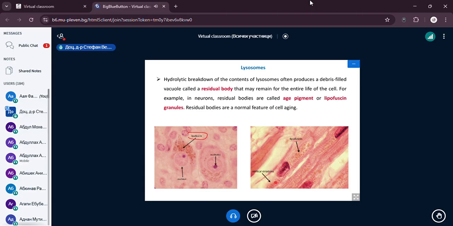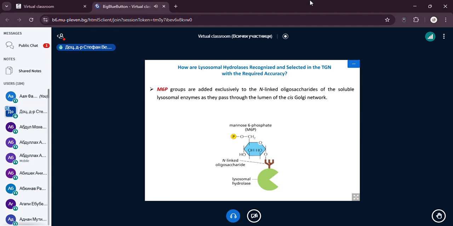This is the nucleus of this cardiac muscle cell, a nucleus of another one, and you see the brownish depositions. These are residual bodies, and because this accumulates with aging of the cell, it is also called the age pigment, lipofuscin granules. So these are the lysosomes, their structure and function.